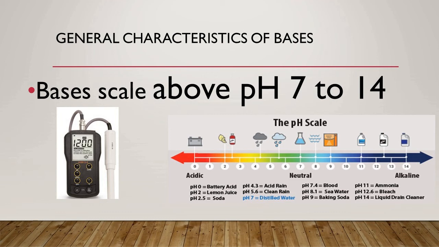Take note, the boundary of the base and the acid is 7. pH 7 is neutral. It is neither acidic nor basic. This is the characteristic of water. It is neutral, pH 7. So, take note of your pH scale and be familiar with it.